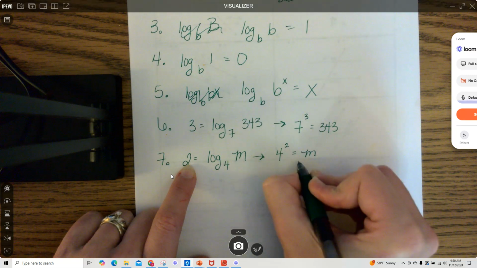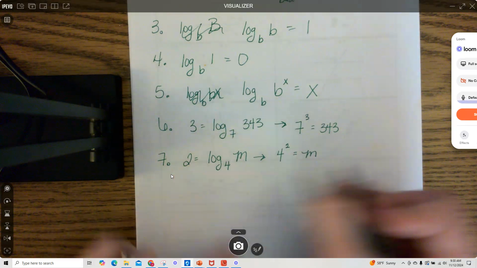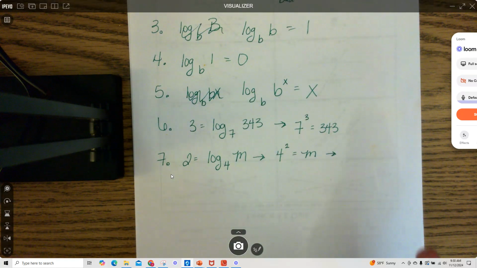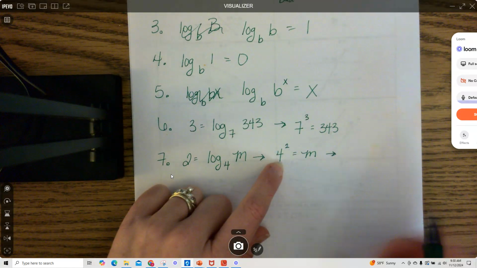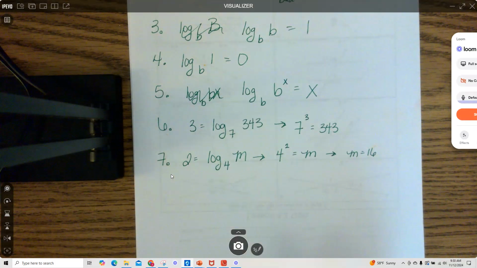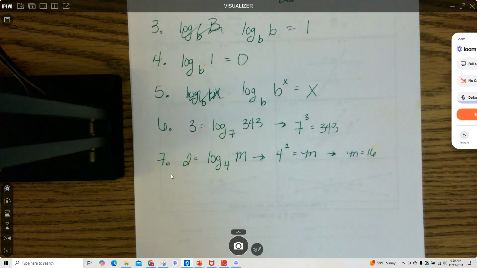You convert between the forms so you can solve, because now we can go, oh, 4 squared, m would be 16. That's why we convert between the forms, because we're going to get into these where we have to solve them. You've got to be able to move between those forms pretty easily.